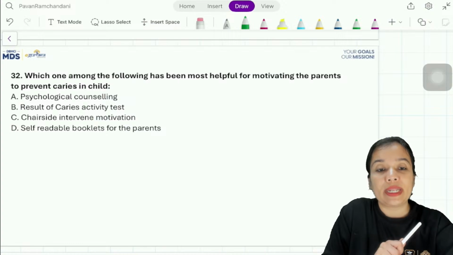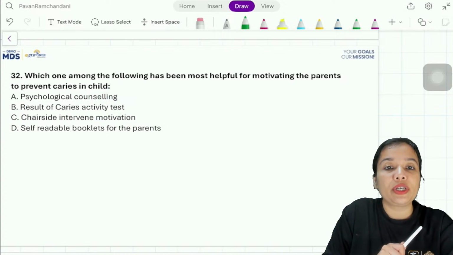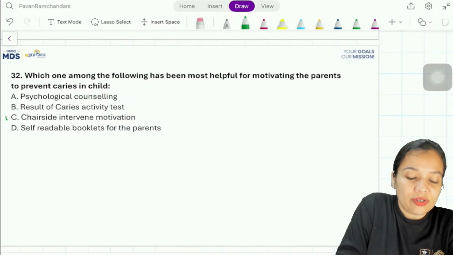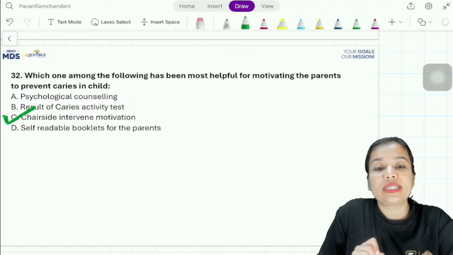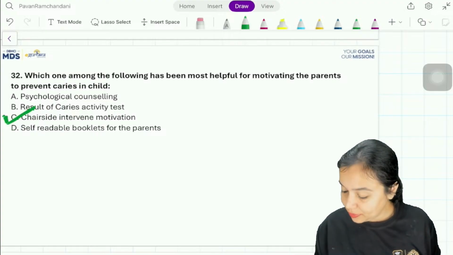Basically the most effective according to research is the chairside intervene motivation. So chairside intervene motivation has been the most effective, and the answer is C, chairside.